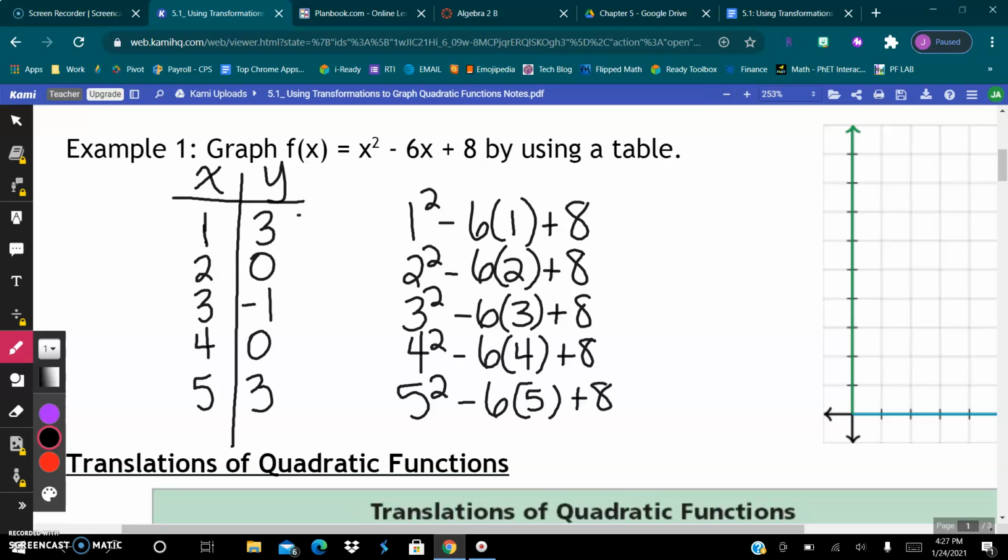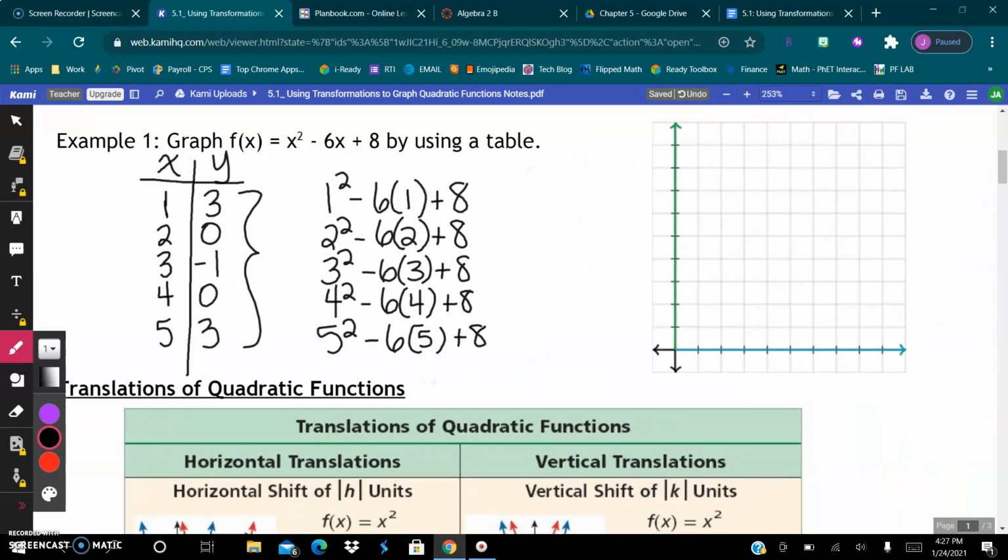So when you see this pattern here where the numbers are going to repeat, that's when you know that you have that U-shaped part of your graph where it comes down and then starts to go back up, or vice versa if it goes up and then starts to come back down, depending on how it's opening.